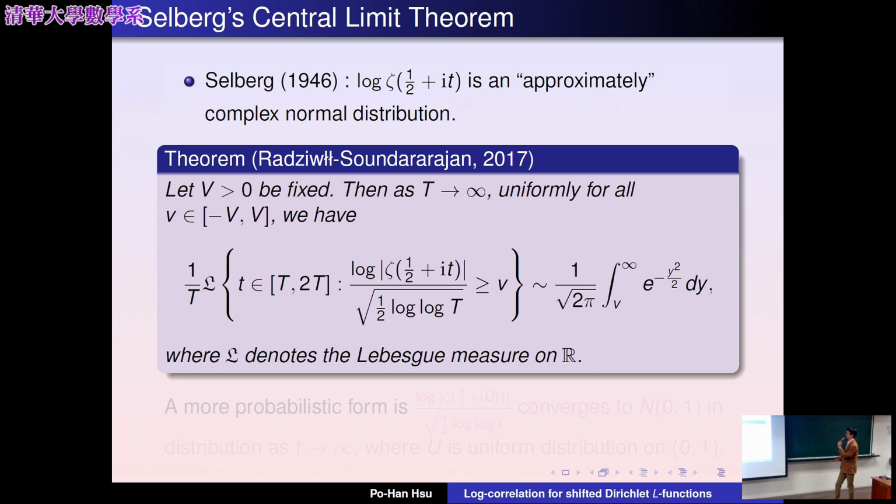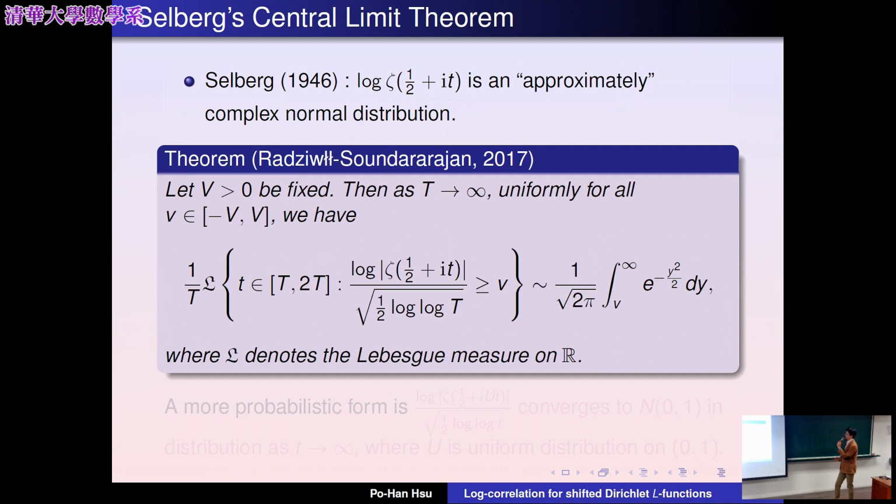After taking the absolute value, then log, you divide by this magical quantity, half log capital T. You compute that outcome to see if that t will make this whole thing greater than or equal to your little v, say 1 maybe. If it is so, you collect it inside. If it is not, you throw it away. You do this, you divide by capital T, so you have a measure, a fraction in t. Then you let capital T go to infinity.